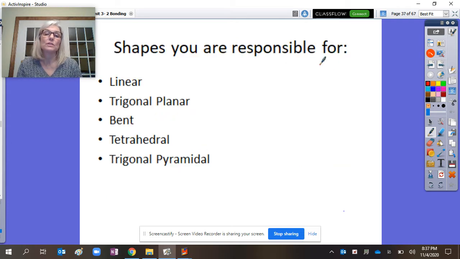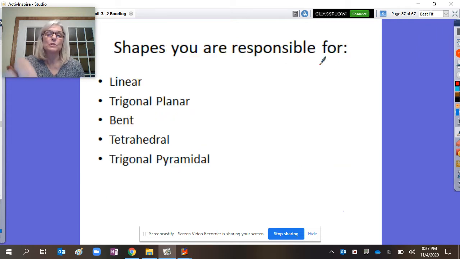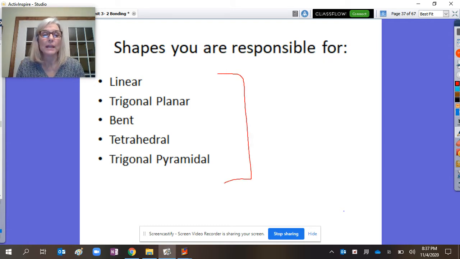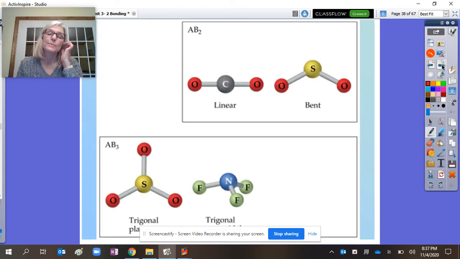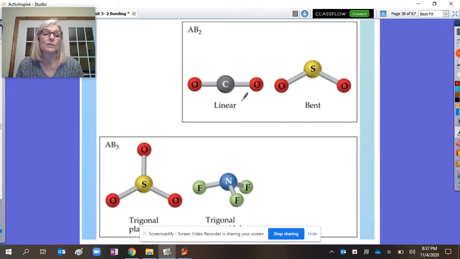So these are the shapes that you're responsible for: the linear, trigonal planar, bent, tetrahedral, and trigonal pyramidal, or you can say trigonal pyramid. And here's what they would look like. Again, this is a flat model, not the 3D.